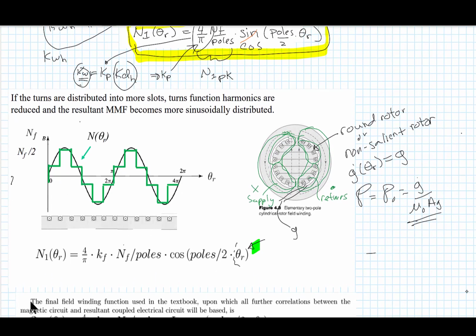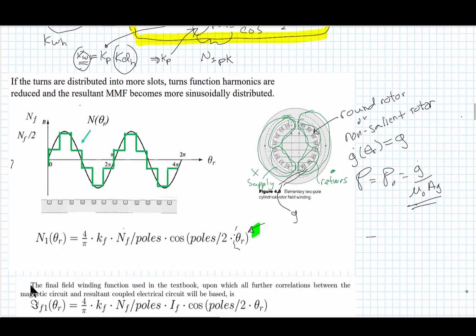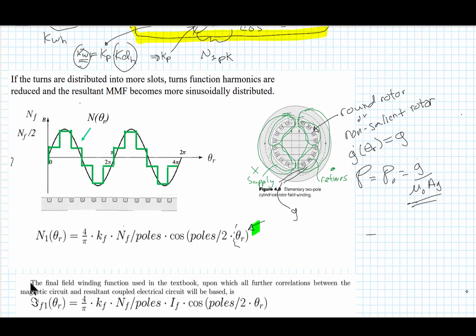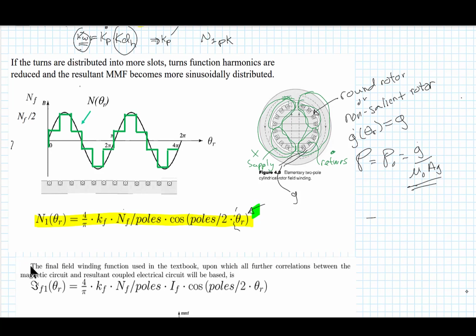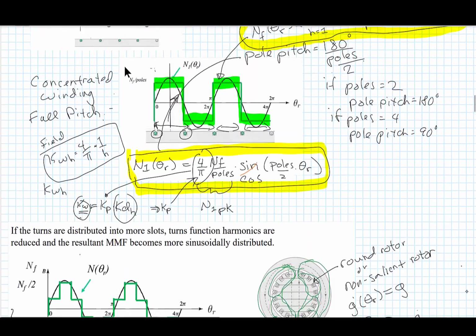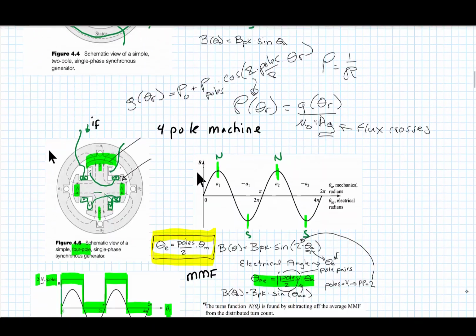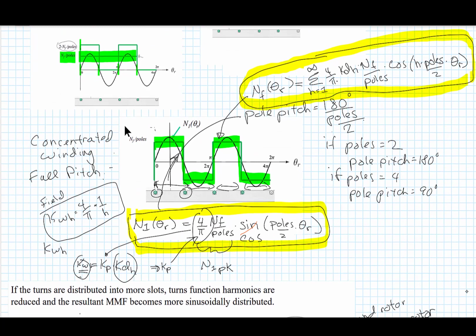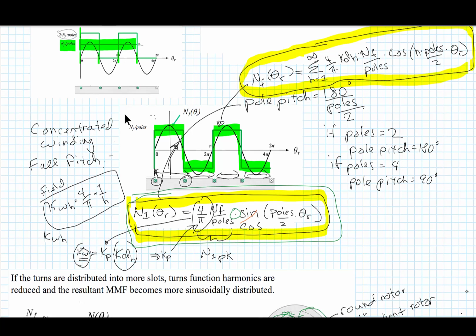Now this is what the MMF, or the turns function, would look like for that field winding. And we would have this mathematical representation of it. It looks a lot like the turns function that we derived right here, only we've got another little factor. This was the KF, or KF1.